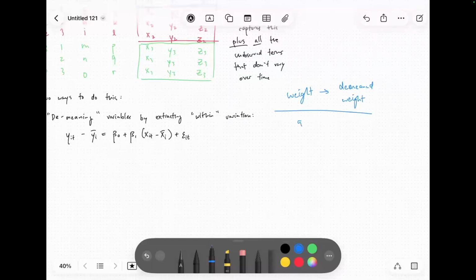So this is ABC, and now you would do A plus B plus C divided by 3, and subtract it from each. This would be A minus this, B minus this, and then C minus this, right?